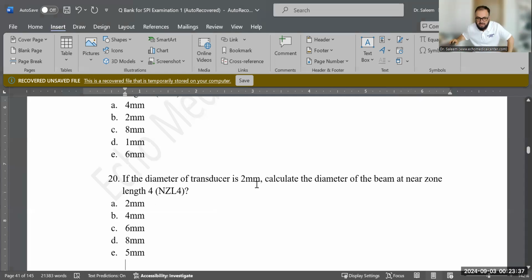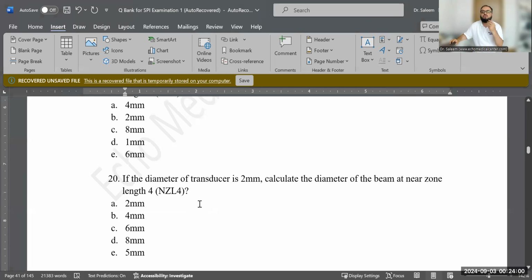So here, if you have a 2 millimeter diameter transducer, in NZL1 it will be 1 because it's a half. In NZL2, it will be equal, 2 millimeter. In NZL3, it will be 3 millimeter because 2 plus half of that. So that is 3 millimeter. Now, they're asking for NZL4, correct?